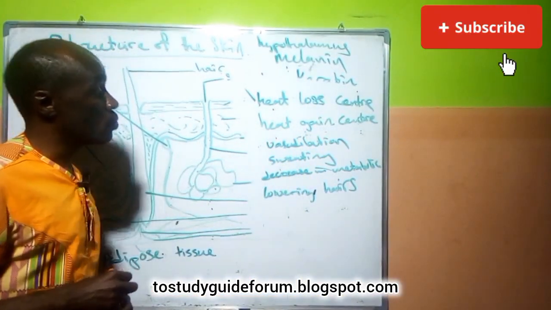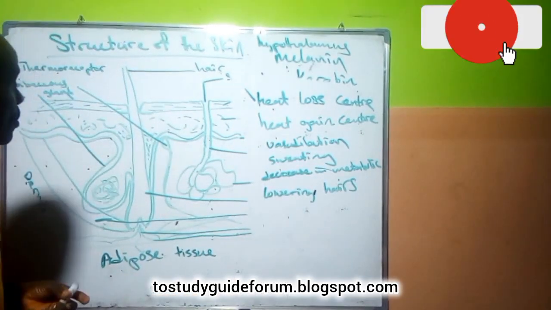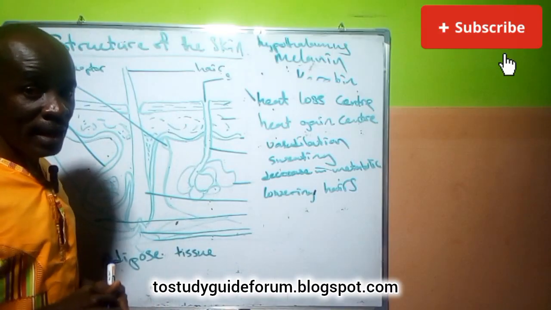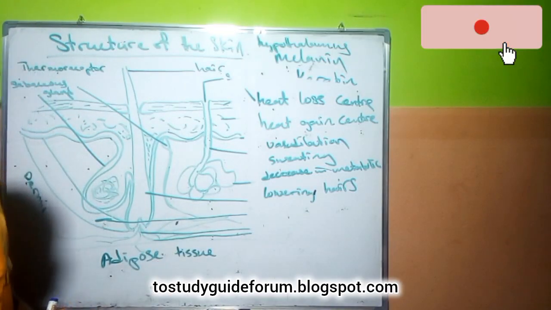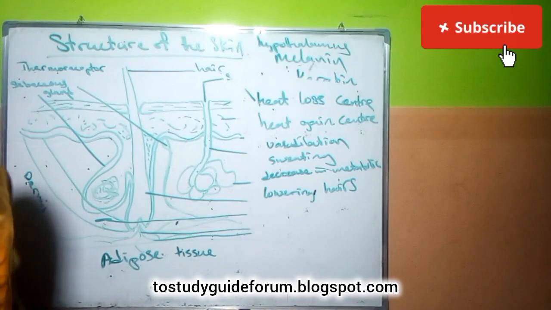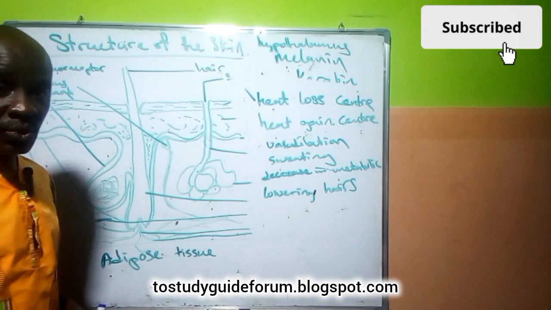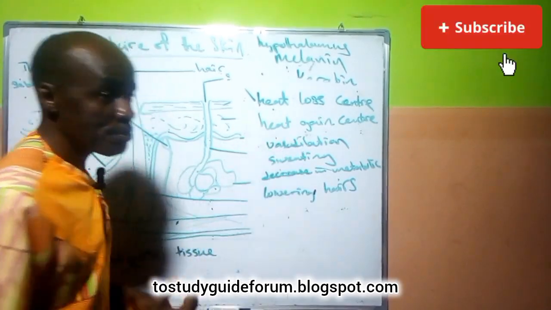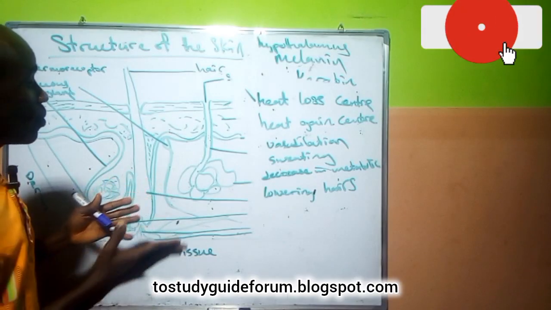When we come to vasodilation, remember in the skin we have capillaries and arteries that pass through. Once the temperature of the surrounding is too high, the capillaries will carry more blood to the surface.